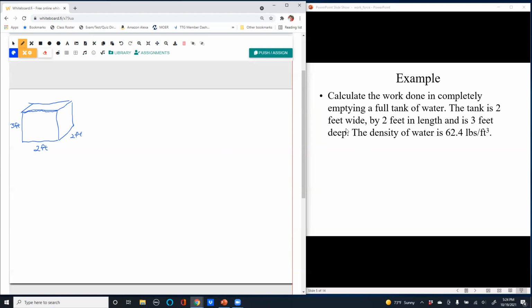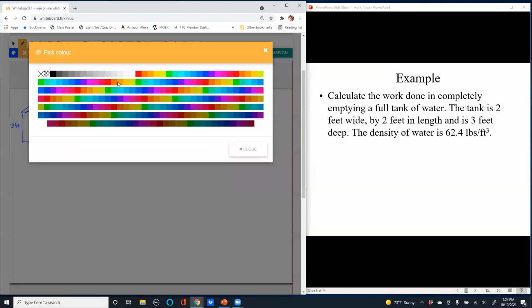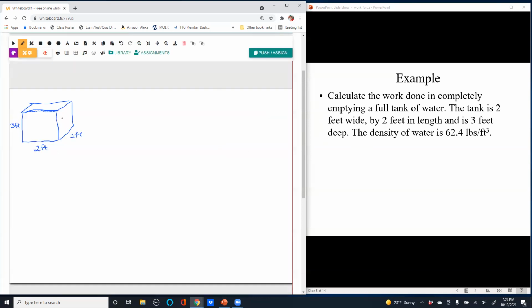So what we want to do is take all this water and empty it. Let's talk about this as a slicing problem. We want to think about a slice. This is, as always, our ith slice right there, and we want to give that slice a value.